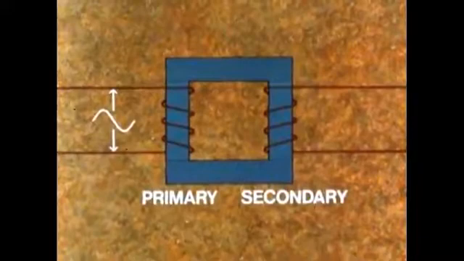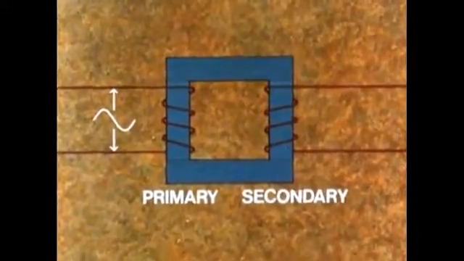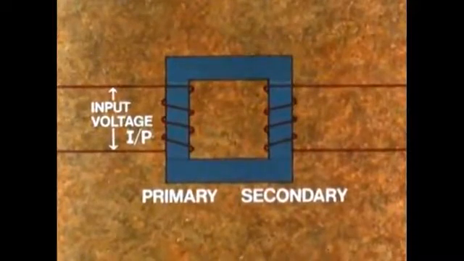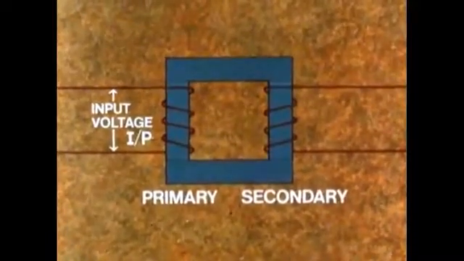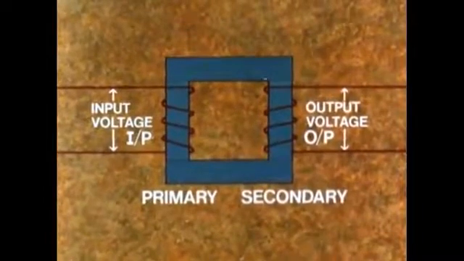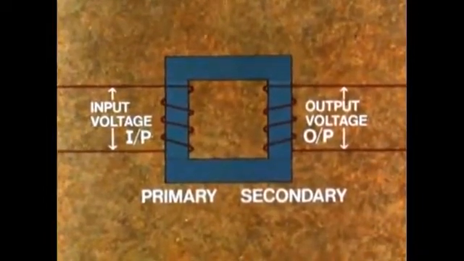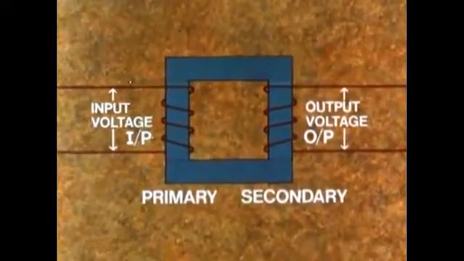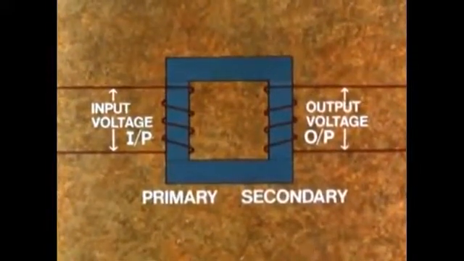The alternating voltage applied to the primary coil is the input voltage, IP. And the alternating voltage produced in the secondary is output voltage, OP. But before we can understand how this arrangement actually transforms the voltage, we need to know something else about induced currents.